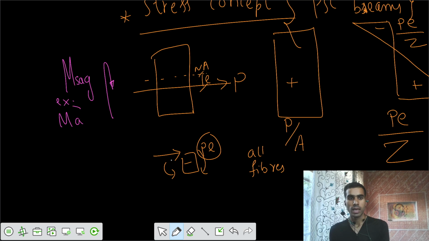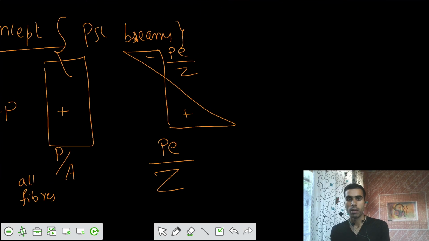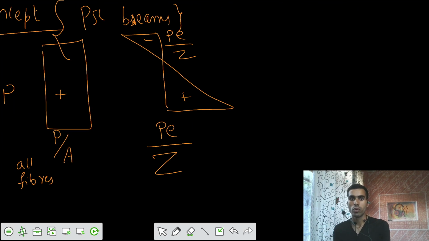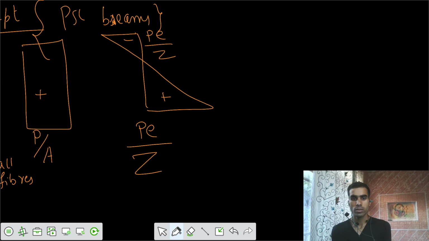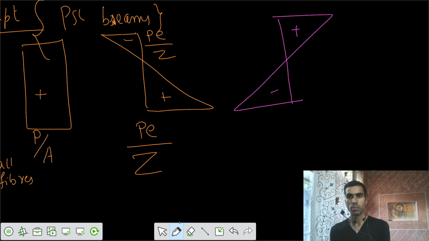I would write it as Ma, the moment because of dead load and live load, that means M live plus M dead. Because of that sagging bending moment, your top fibers would have compressive stresses and bottom fibers would have tensile stresses. So I would write positive Ma by Z at the top, and here we have negative Ma by Z.